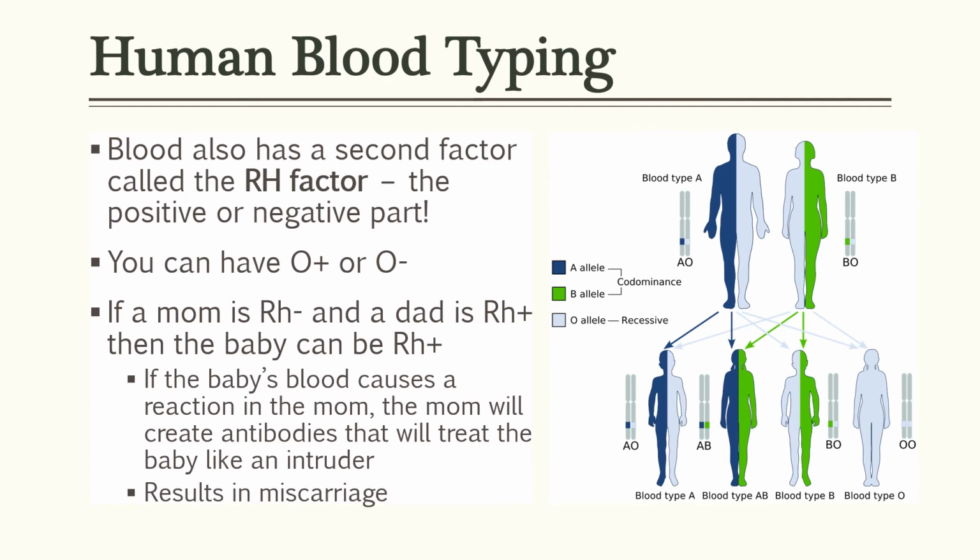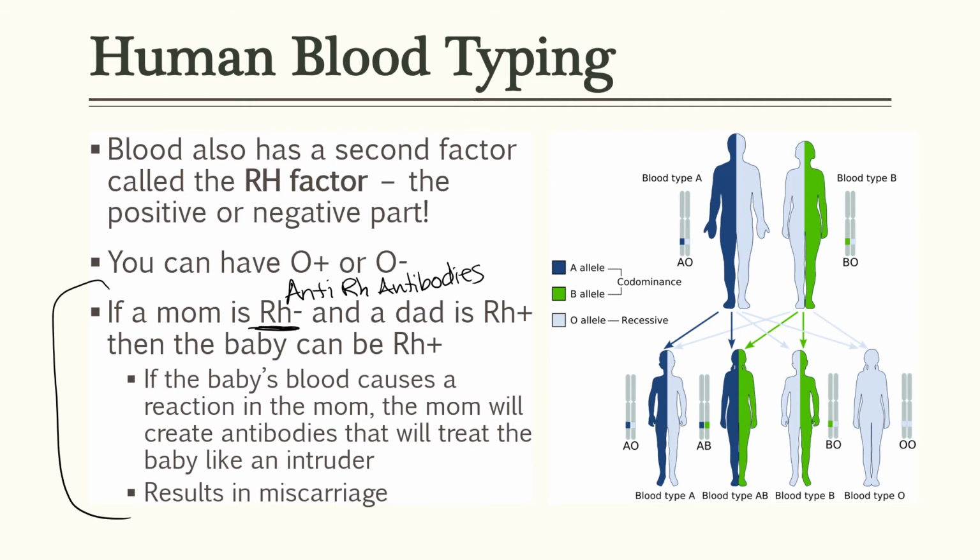And this causes a really fascinating scenario when you're talking about mothers who are pregnant. If a mom is Rh negative, she's going to make anti-Rh antibodies. She does not want any Rh positive blood inside her body.